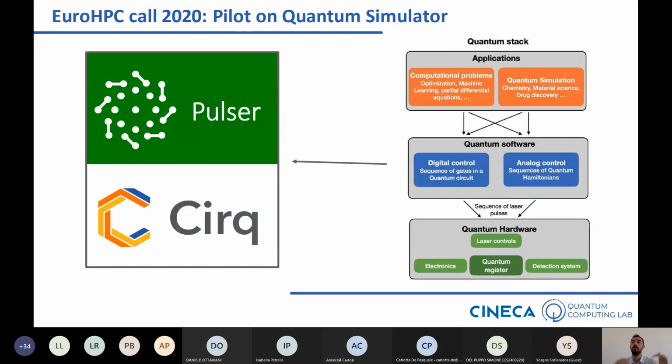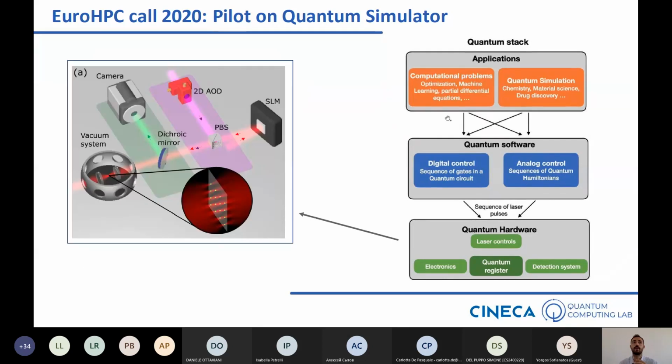The upper level is the quantum software, which can be of two kinds. As I told you, there is a lower-level way of programming, which is exactly programming the lasers.